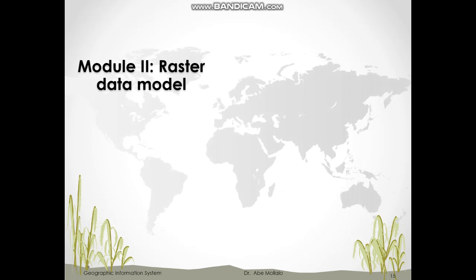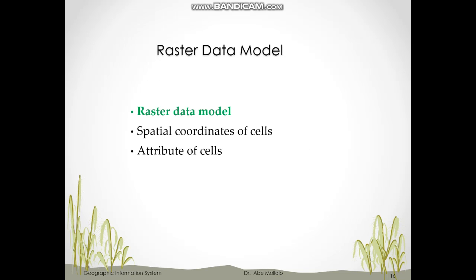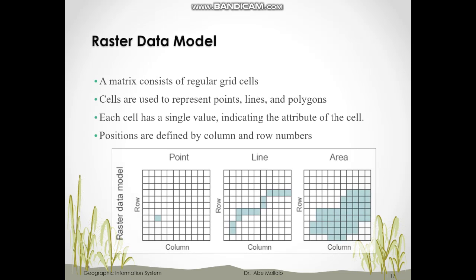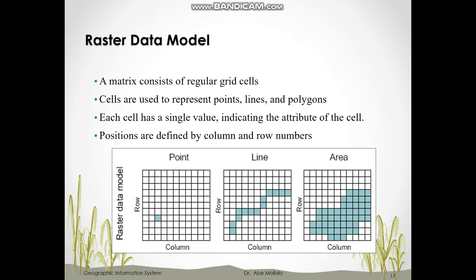Now let's move on to the other data model, which is the raster data model. What is the raster data model? In the raster data model, we represent the real world or a feature class as a grid or matrix of cells, and each cell can be used to represent one point, and then you can further use multiple points to construct lines and areas.